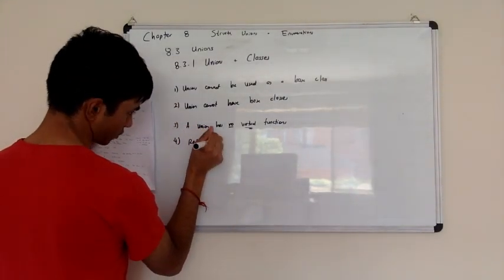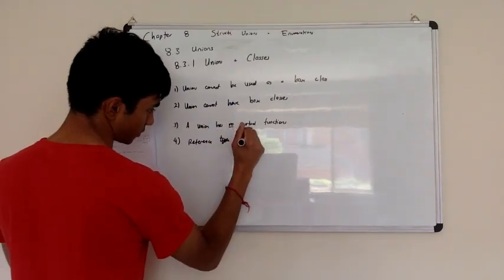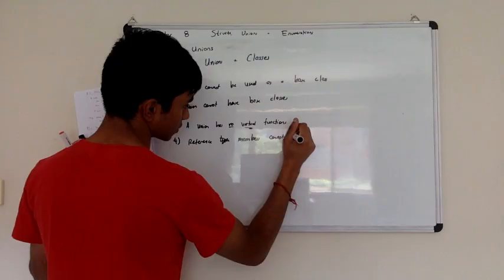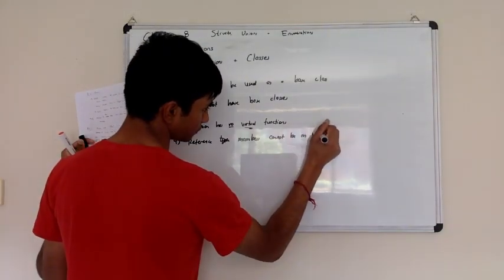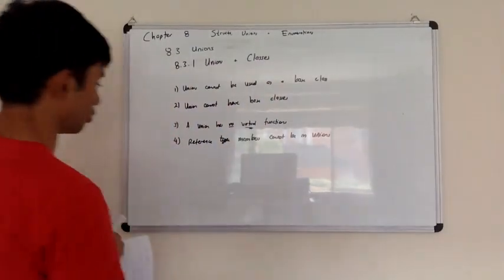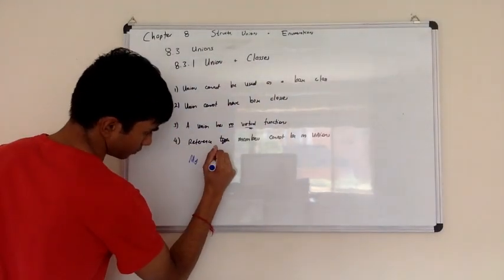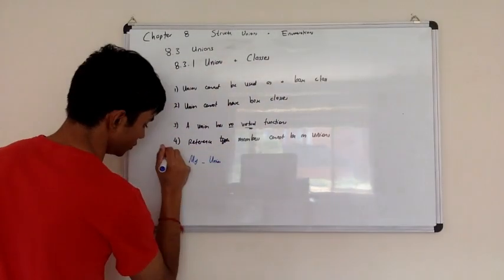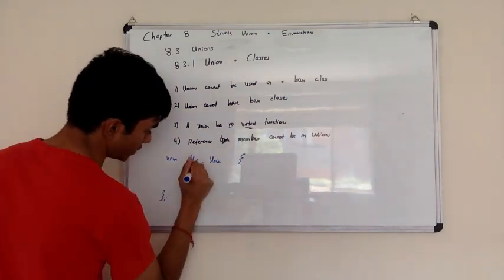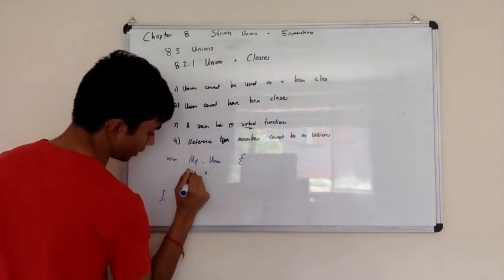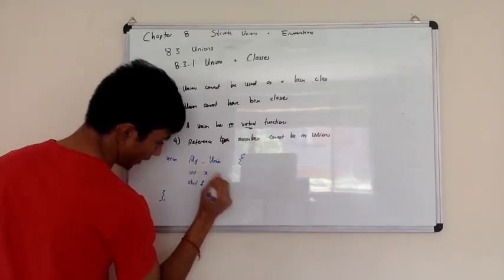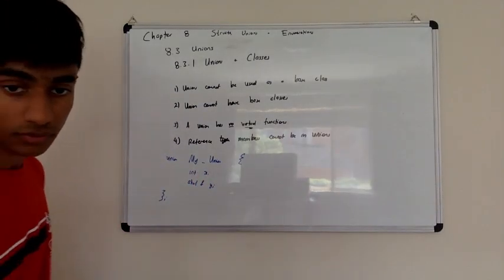Reference type members cannot be in unions. So for example, say you were to define a union, union my_union, and then int x like before, and then short reference y, instead of short y.